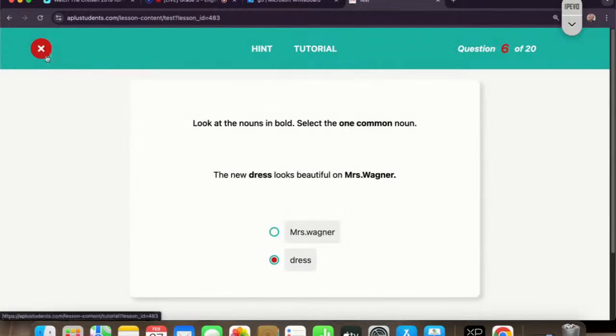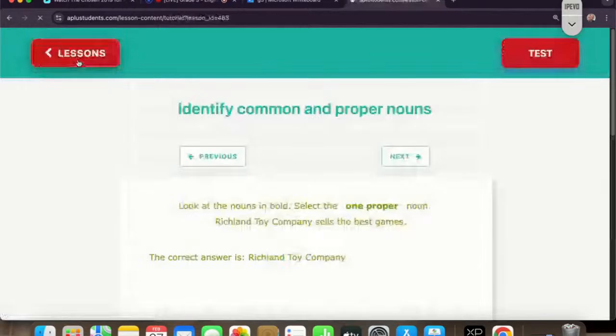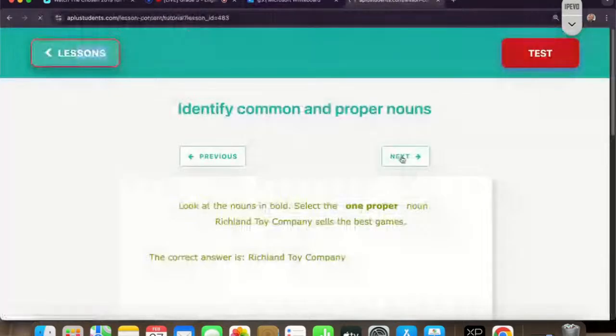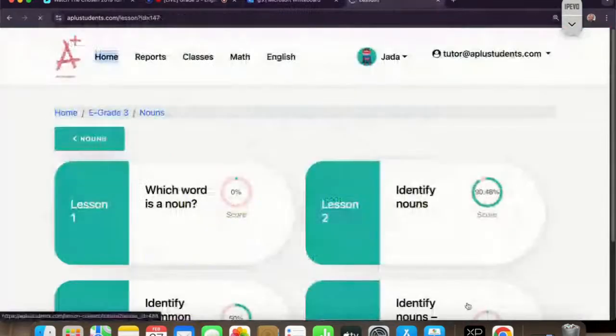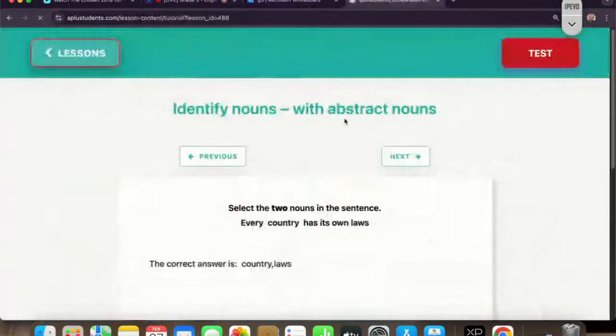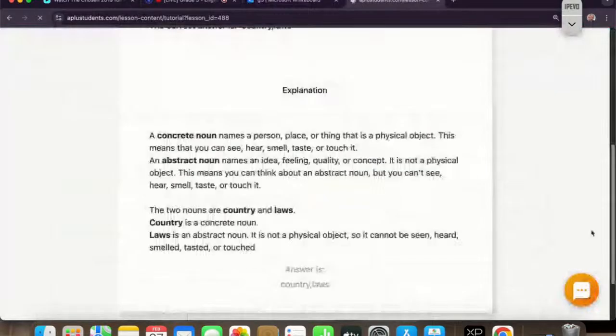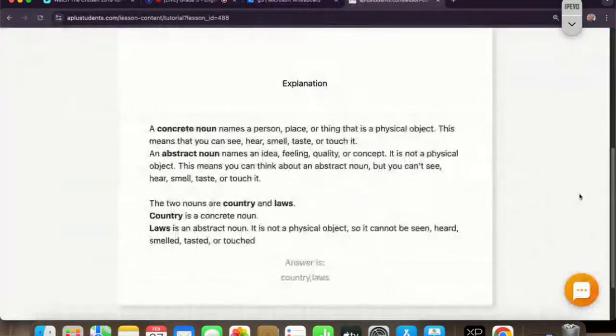For this lesson, we'll move on to the next. Tell me if you have any question before we continue. You can ask your questions, okay? We identify nouns with abstract nouns, but ask your question before we continue.